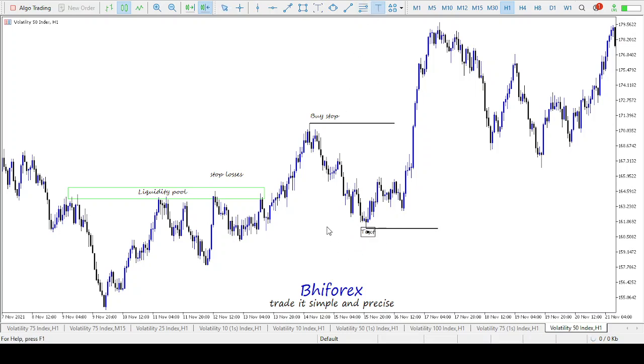Either buy side liquidity or sell side liquidity, depending on which side of the market you're looking. So for this particular one, this buy stop, this sell stop are external range liquidities. Why are they external? They are external because they are outside of the entire trend.